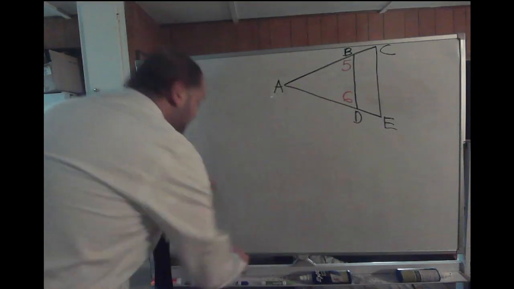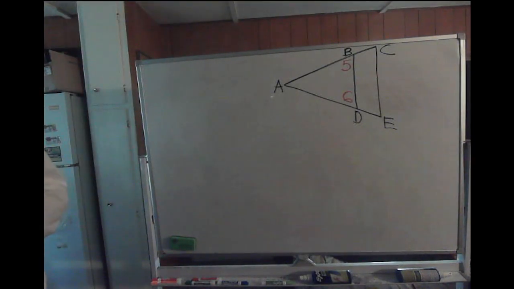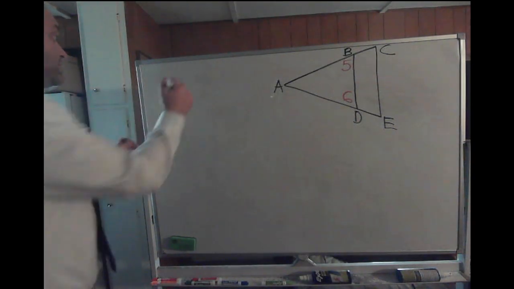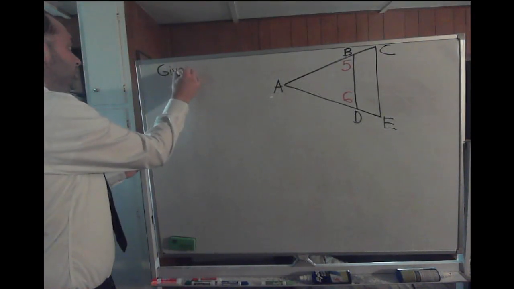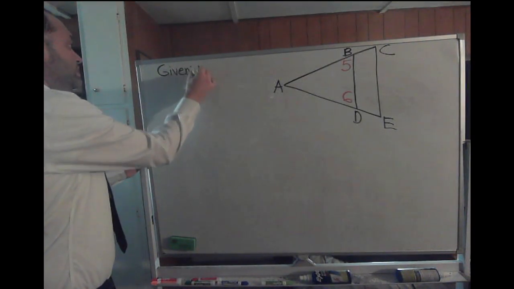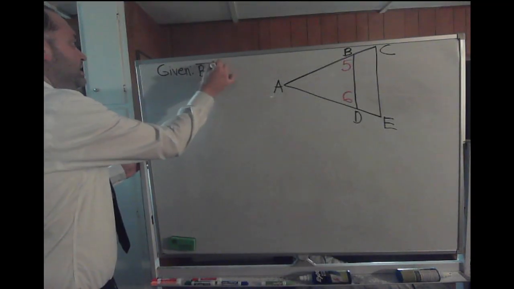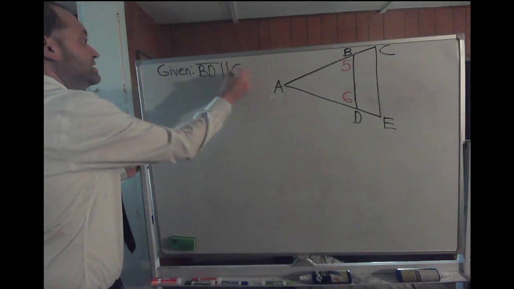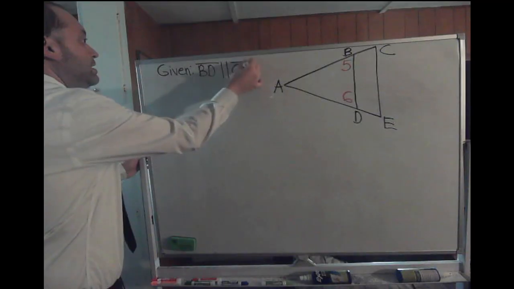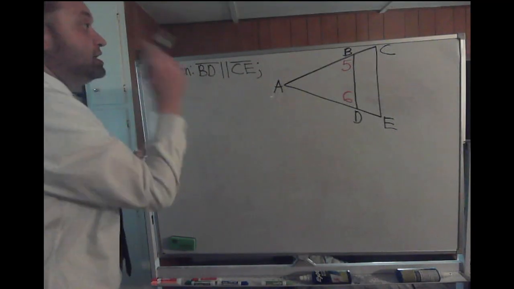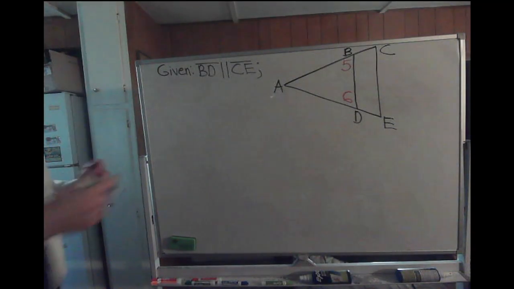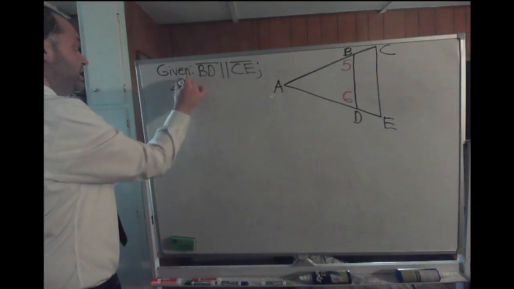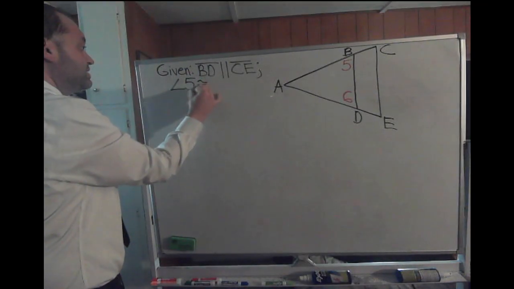Let's see what they give us this time. They give us, so we've been given that side BD is parallel to side CE. So BD is parallel to CE. And then they also give us that angle 5 is congruent to angle 6.